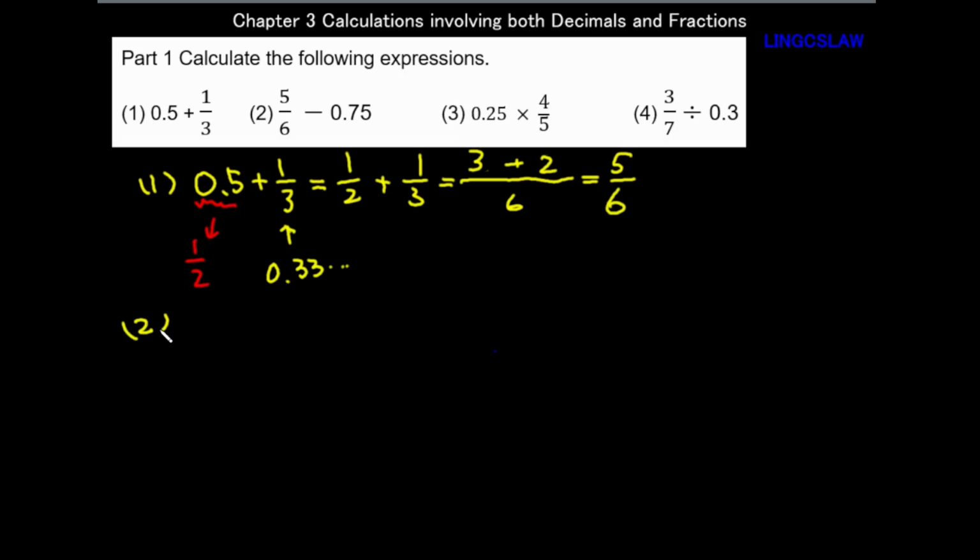Okay, let's go on to number 2. 5/6 minus 0.75 equals.